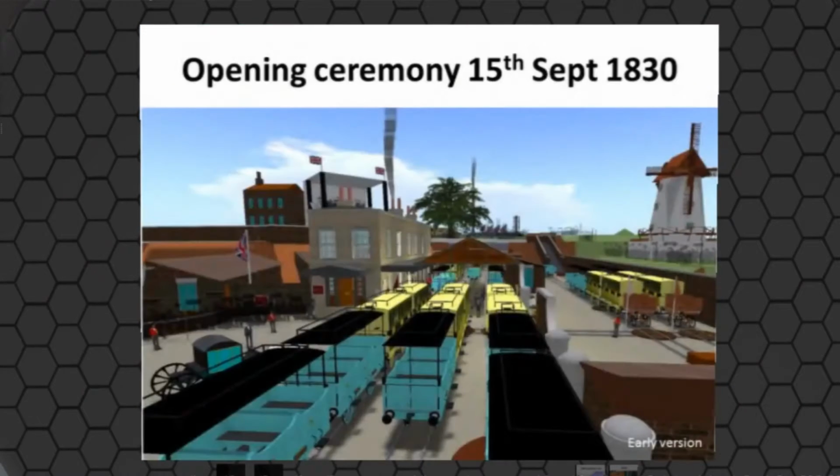Another source of evidence comes from a sort of stress test, and this was the opening ceremony on the 15th of September 1830. And what we can see here is the fact that the station at the time would have been incredibly busy.